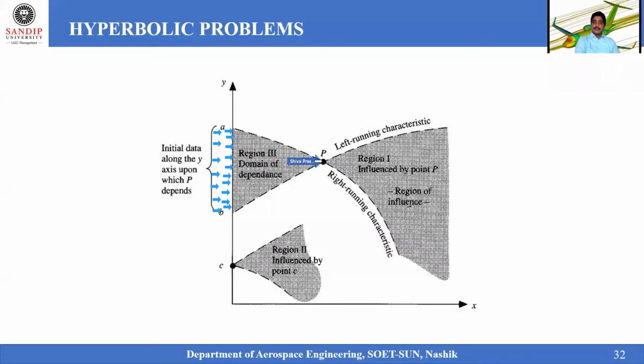And when my point P is being influenced, my region of influence is going to change accordingly, right? So one is domain of dependence, and the other is region of influence.